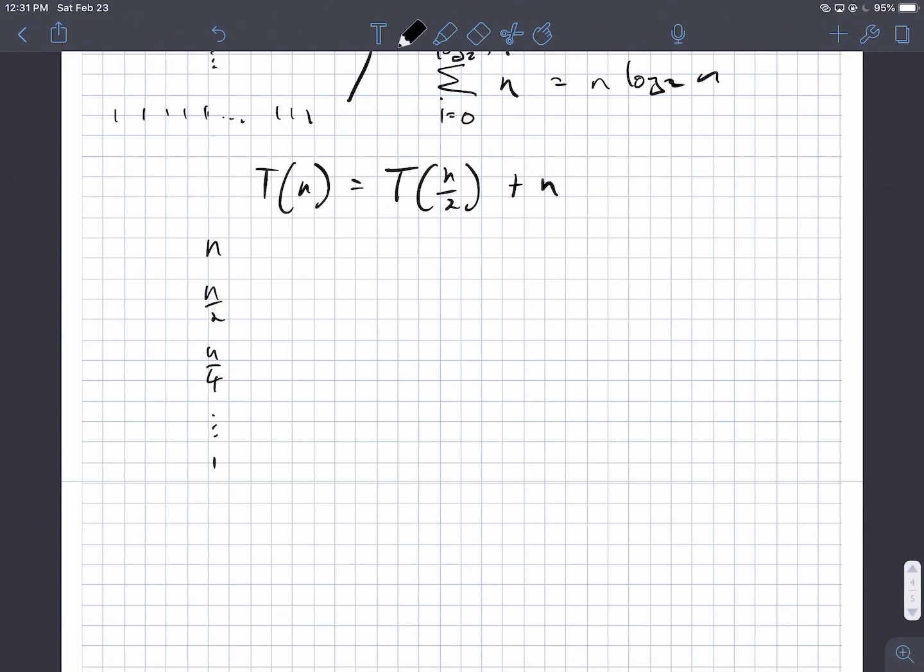So it's the same tree as for binary search, but now the amount of work we're doing at each level is n, but it's the n of the node we're on. So this is n/2, n/4, 1.